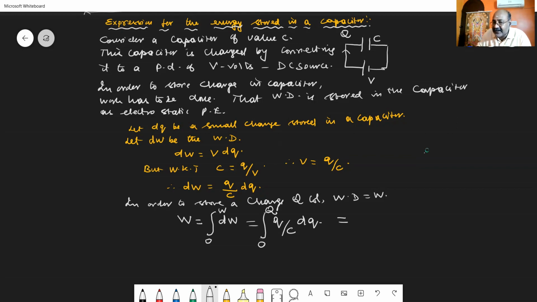How to integrate this? Taking C as common, because C is a constant, we have the integral from 0 to Q of Q dQ.